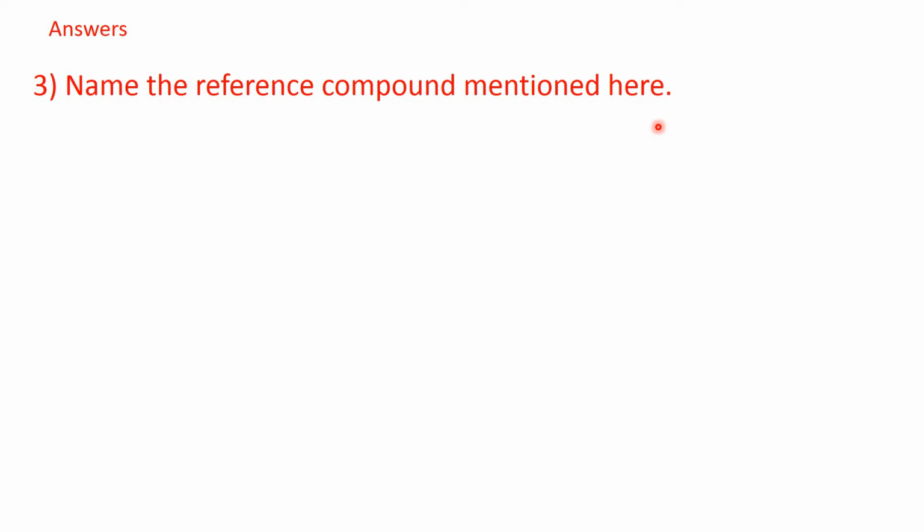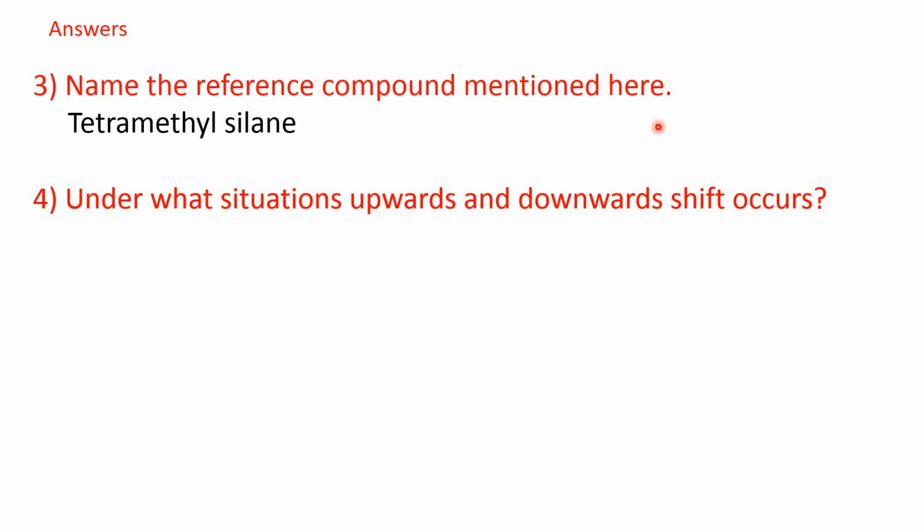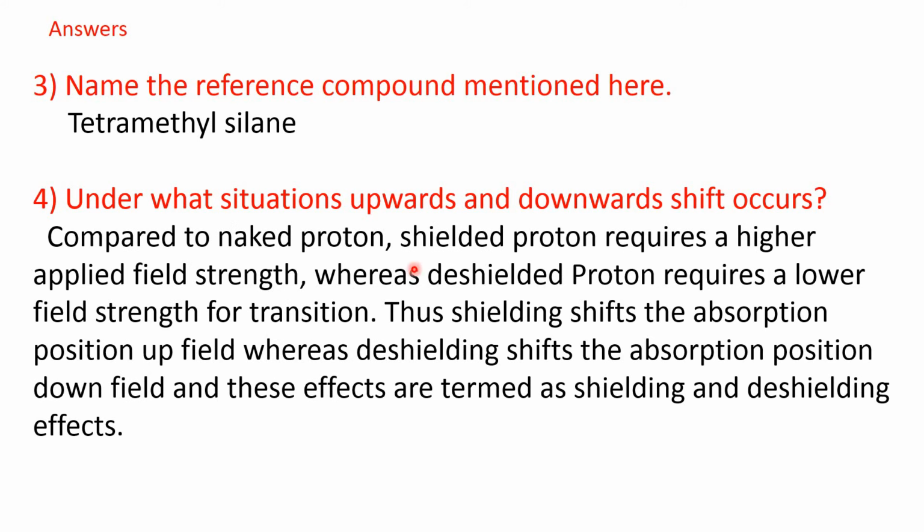Now, third question. Name the reference compound mentioned here, that is tetramethylsilane. Now, fourth question. Under what situations do upfield and downfield shifts occur? Compared to the naked proton, a shielded proton requires a higher applied field strength, whereas a deshielded proton requires a lower field strength for transition. Thus, shielding shifts the absorption position upfield, whereas deshielding shifts the absorption position downfield, and these effects are termed shielding and deshielding effects.